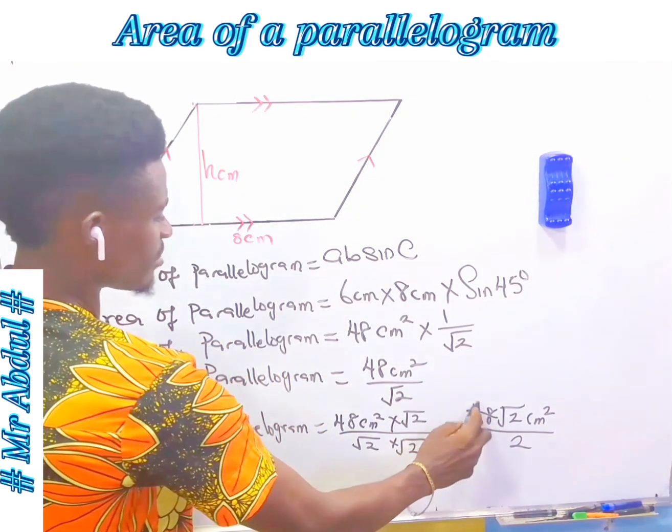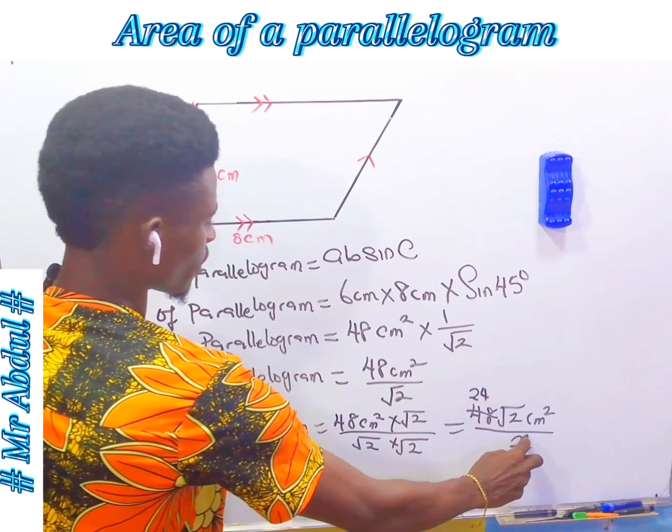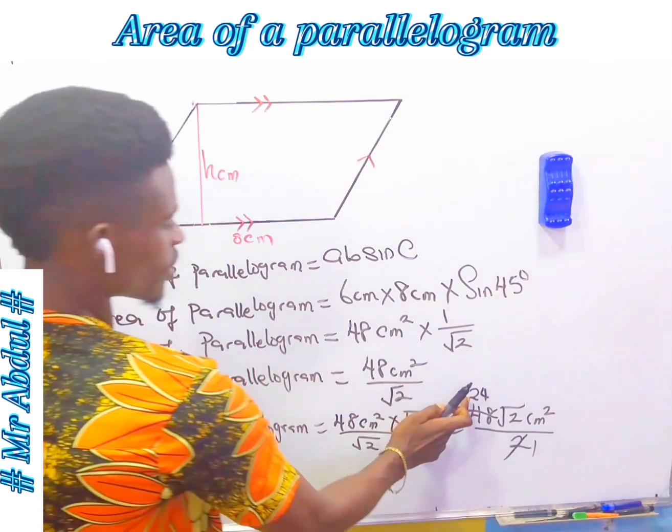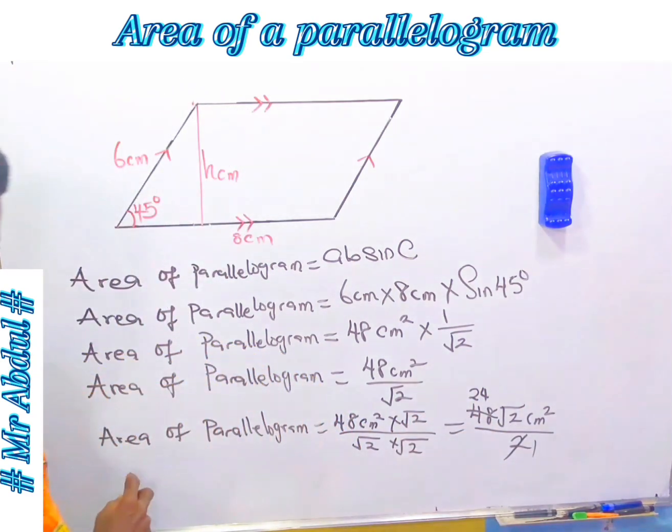Now 48 divided by 2 is 24, and 2 divided by 2 is 1. So we have 24 root 2 centimeter square as our final answer.